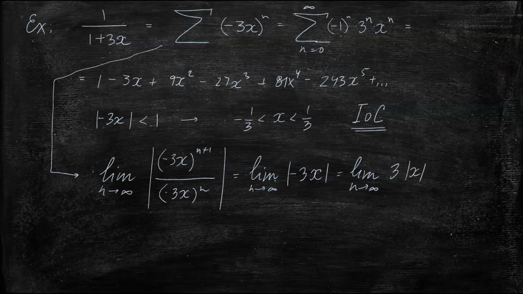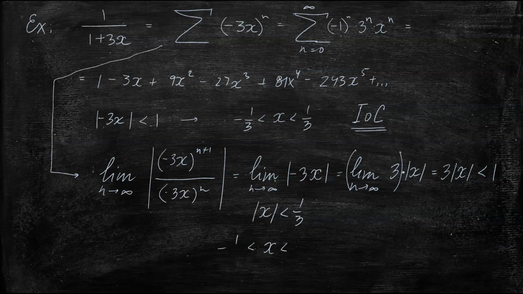So this is what we have, and of course x could be pulled outside of the limit, and then the limit of 3 is just 3 because nothing here depends on n. So the final answer is this, and this has to be less than 1 per the ratio test, and we end up with the same exact inequality as before.